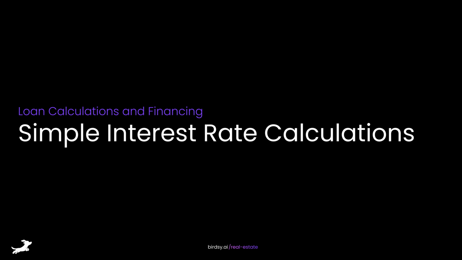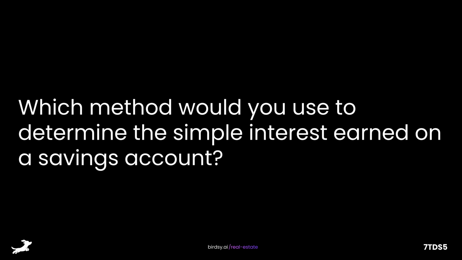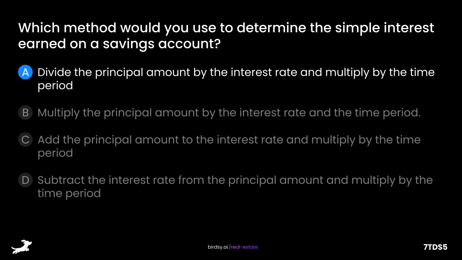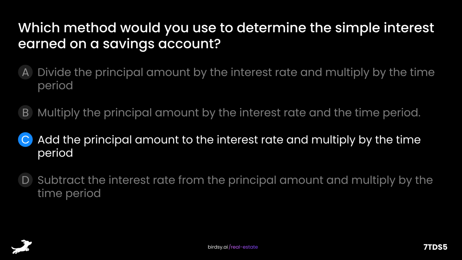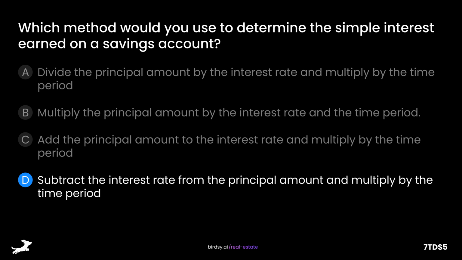Simple interest rate calculations. Which method would you use to determine the simple interest earned on a savings account? Is it A, divide the principal amount by the interest rate and multiply by the time period, B, multiply the principal amount by the interest rate and the time period, C, add the principal amount to the interest rate and multiply by the time period, or D, subtract the interest rate from the principal amount and multiply by the time period?